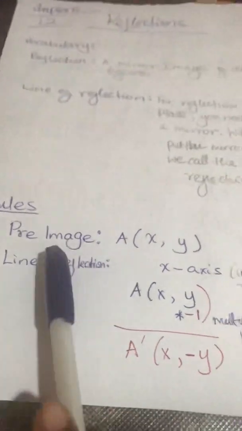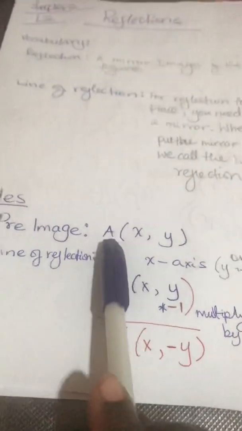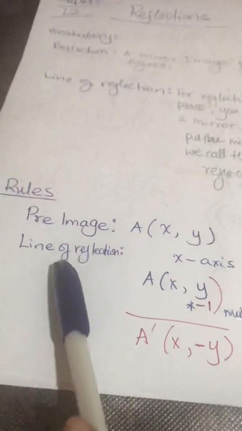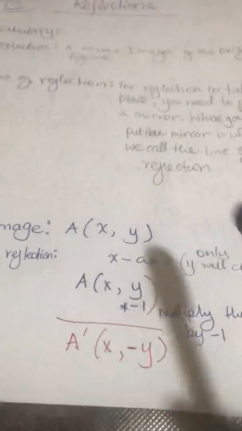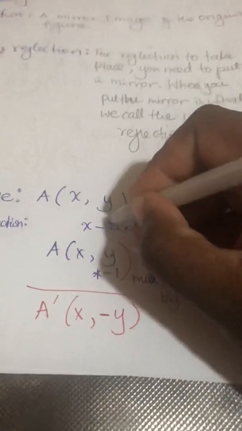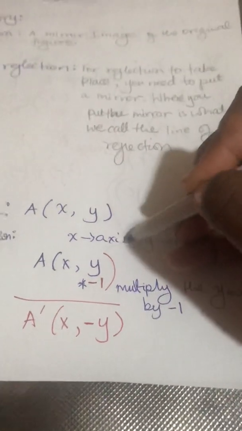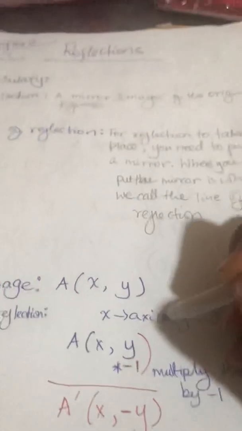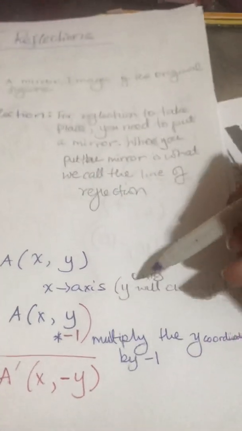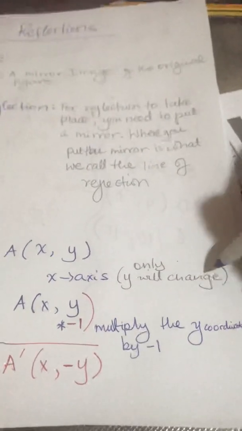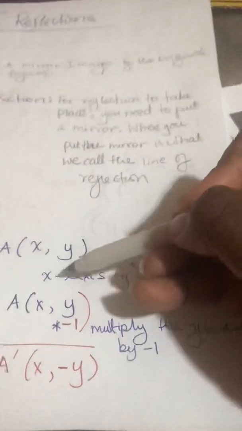So now you need to know the rule when the line of reflection is the Y axis or the X axis. We'll start with the X axis. You'll be given a point, and the point has X and Y. The question will tell you the line of reflection is the X axis. When the line of reflection is the X axis, you will only change Y. You don't change the one in the rule, you change the opposite one.